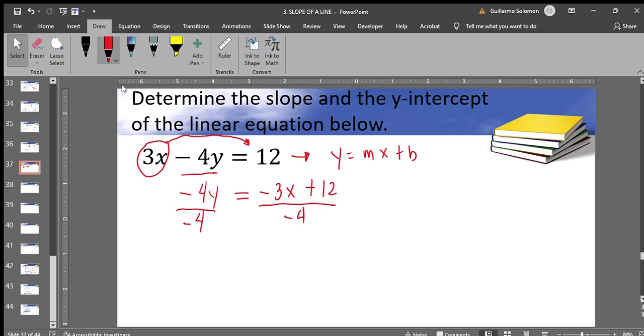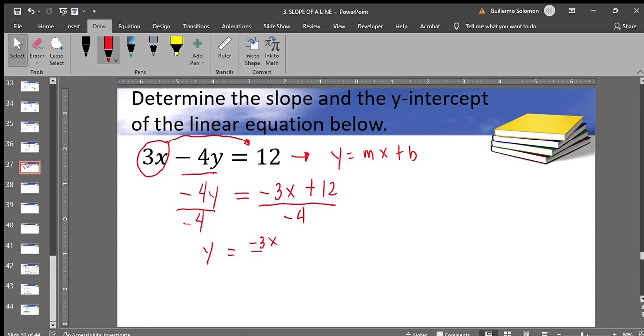So, it will become negative 4y divided by negative 4 is equal to negative 3x divided by negative 4 plus 12 divided by negative 4. So, this one, negative 4y divided by negative 4, you will get positive y. Okay, y na lang yan. Next, negative 3x, paghiwalay natin.